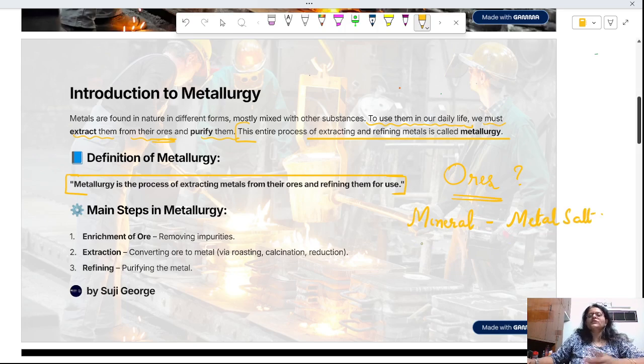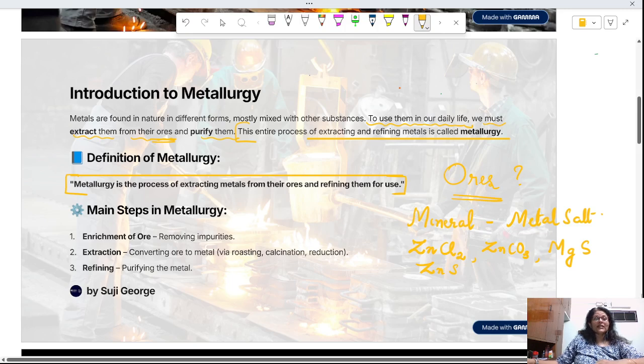Of course, if you take zinc chloride, obviously it is a salt. Zinc carbonate is a salt. Then another one is MgS, magnesium sulfide, zinc sulfide, all are mineral salts or metal salts.